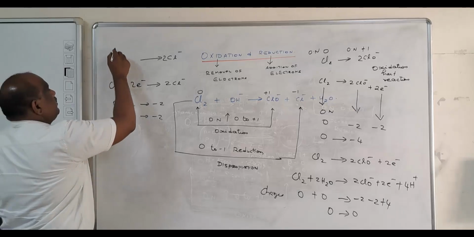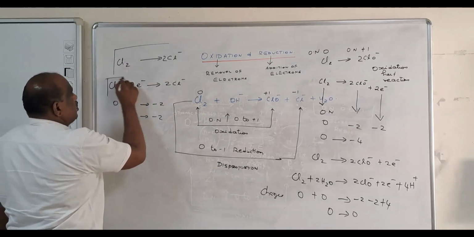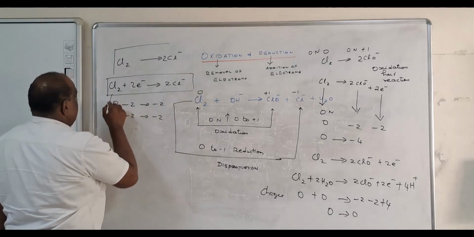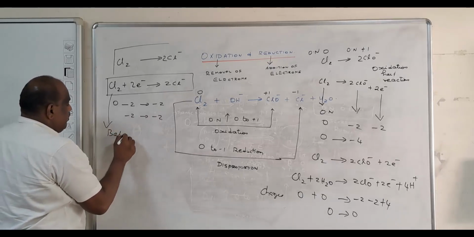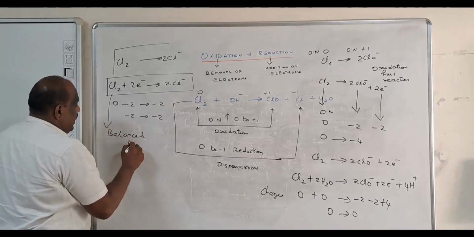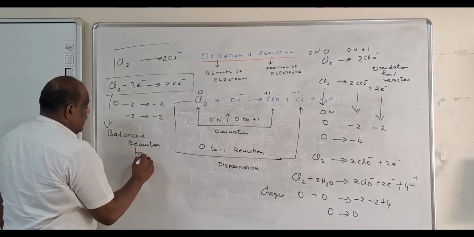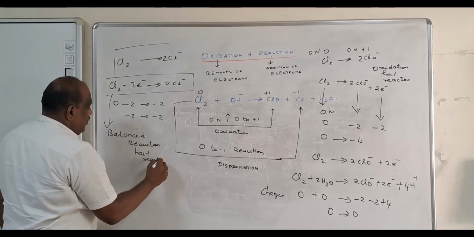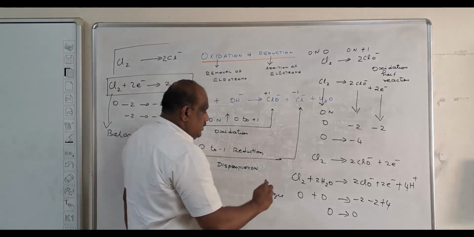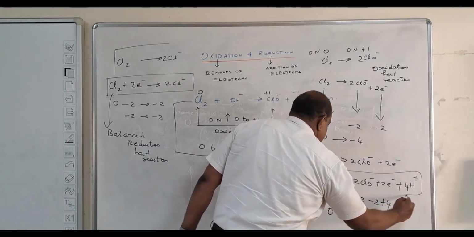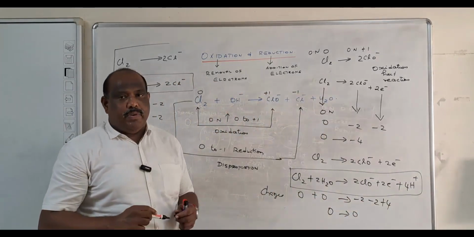So this is called the balanced reduction half reaction, and this is the balanced oxidation half reaction.